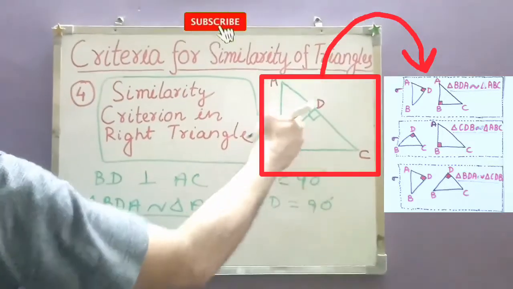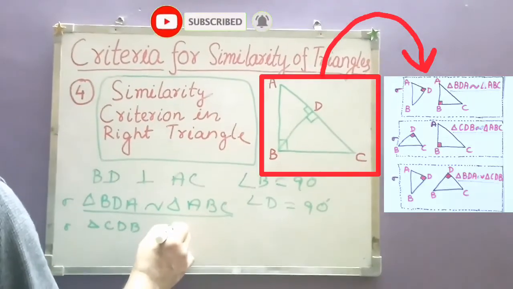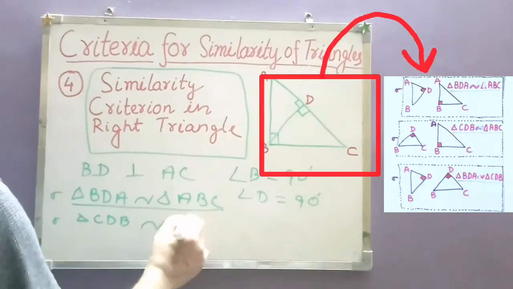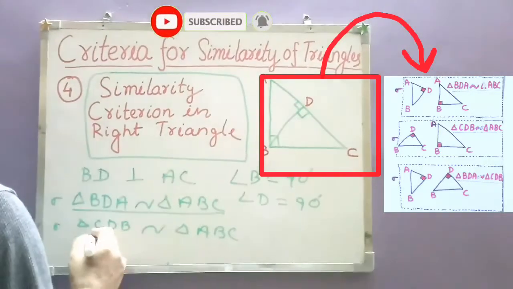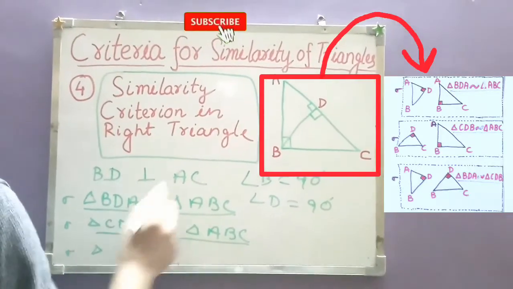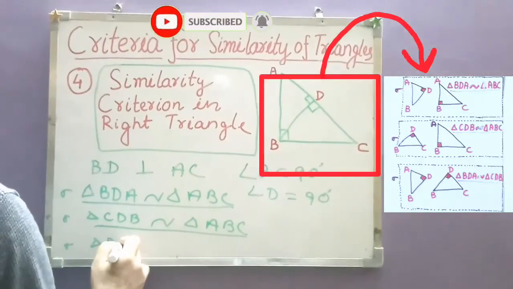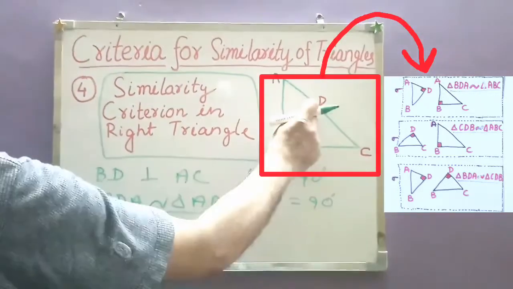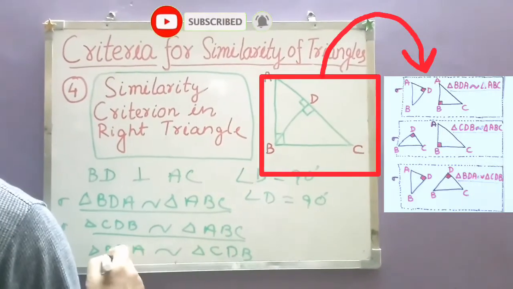Second pair, triangle CDB is similar to triangle ABC. And the third pair, triangle BDA is similar to triangle CDB.